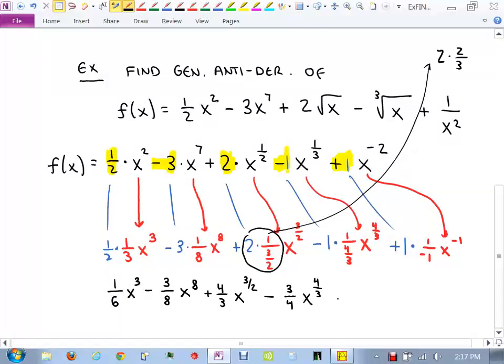And then plus, and then -1, so minus 1 over x. Where did 1 over x come from? Careful. What is x to the -1? It's 1 over x, right? Now I'm missing one thing here. I need to call this capital F of x, right? And if it's the general antiderivative, then I need what at the end? Plus c.